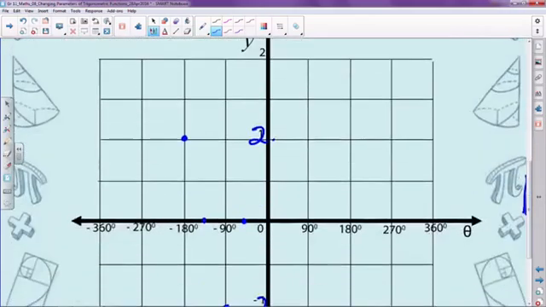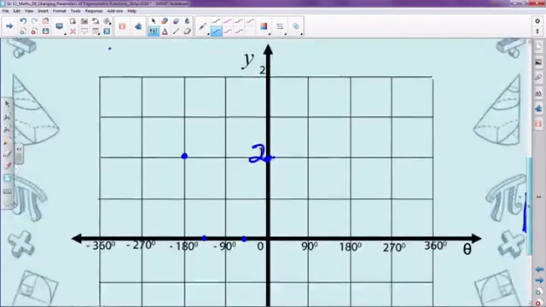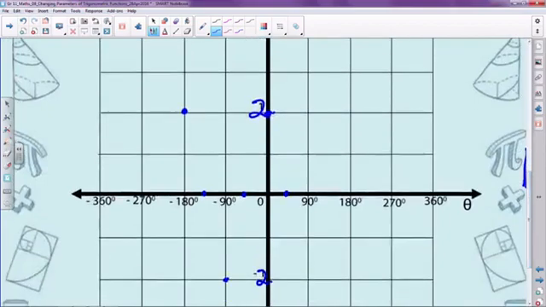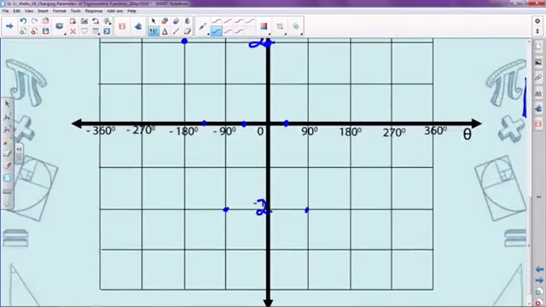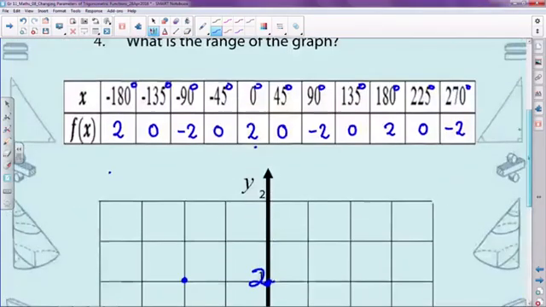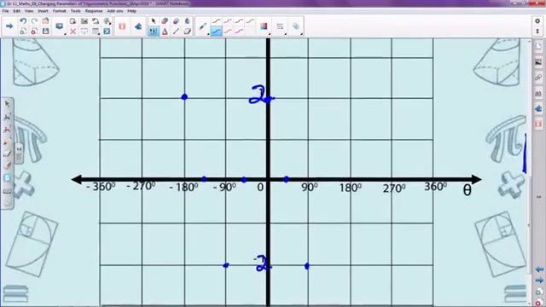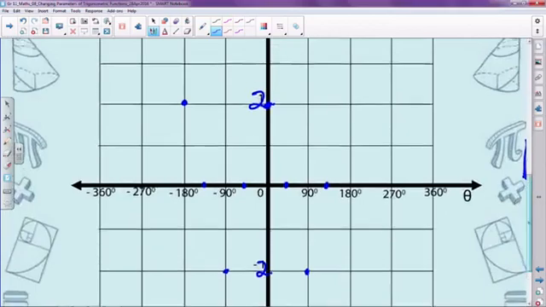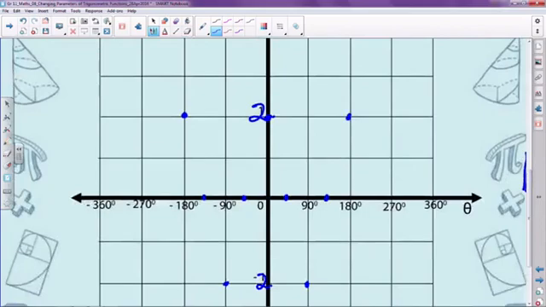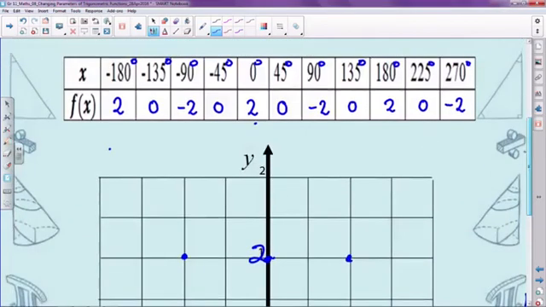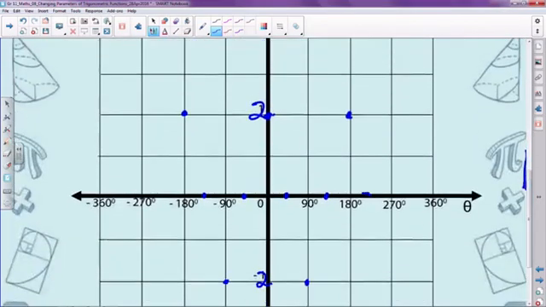0 and 2. 45 and 0. 90 and minus 2. Okay. 135 and 0. Somewhere there. And then 180 and 2. 225 and 0.